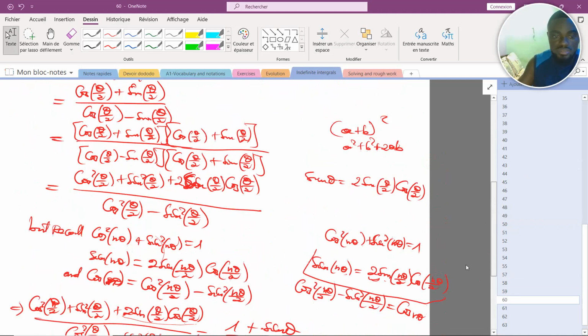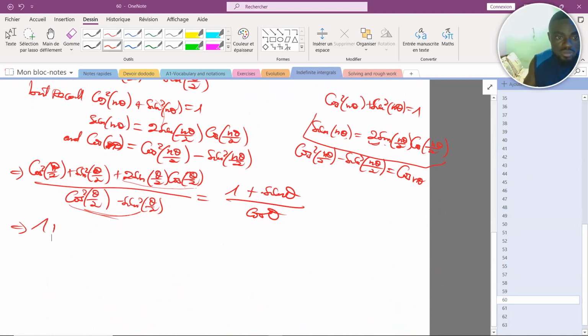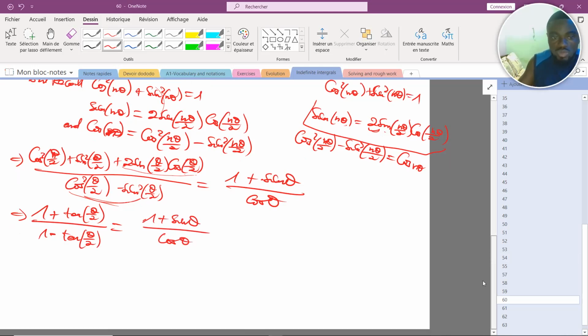So this implies 1 plus tan theta on 2 all over 1 minus tan theta on 2 will be equal to 1 plus sine theta all over cos theta. But look at something. If you divide all of this, you know that A plus B on C is equal to A on C plus B on C. So I will apply it here.